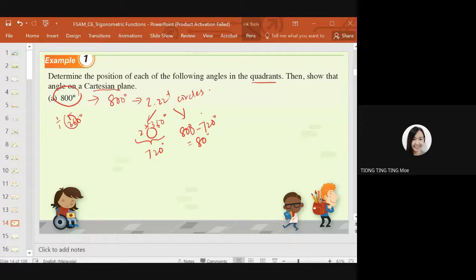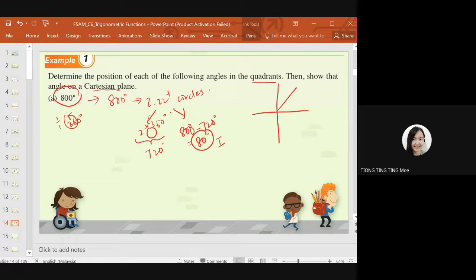So 80 degree is in which quadrant? Quadrant 1, 2, 3? It is in quadrant 1. So your 80 degree will be here, at quadrant 1. So the answer is it will be located at quadrant 1.